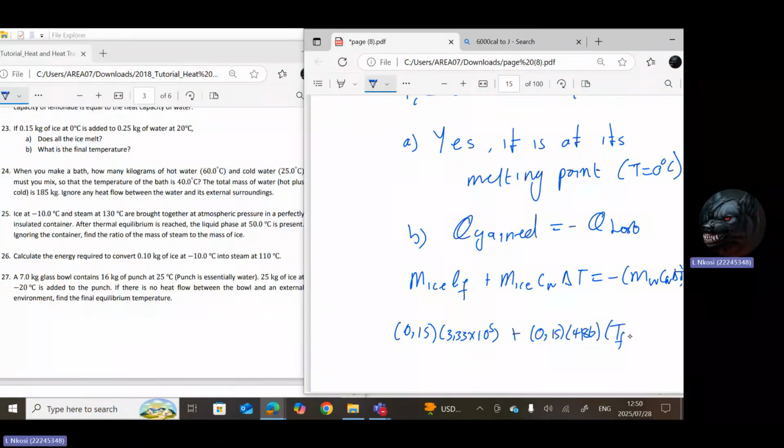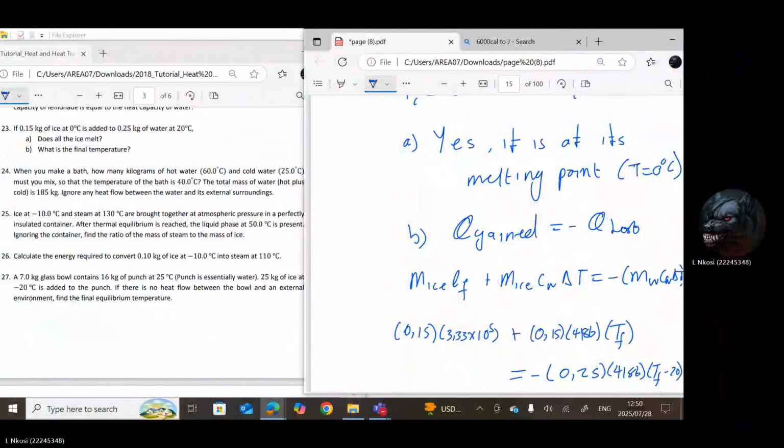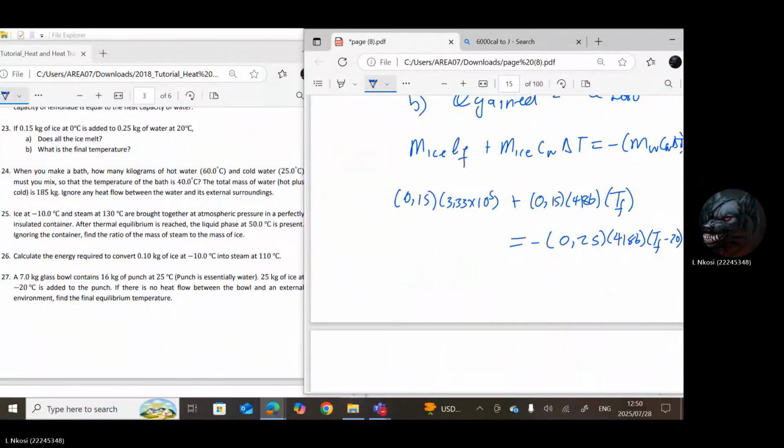Temperature change: final minus initially the ice was 0, so this is just TF minus 0, equals negative mass of the water, 0.25, C for water 4186, final temperature minus initially 20. And you solve for TF.